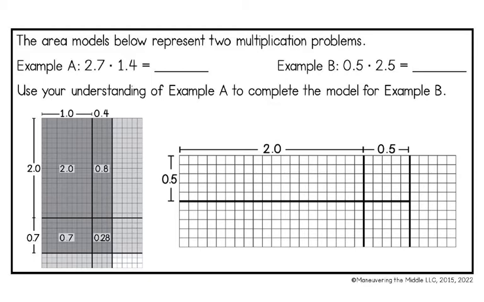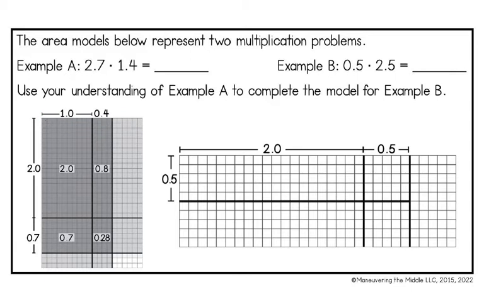So the one that has been completed for us, this one right here, is example A. It has broken the area model into 1.0 and 0.4, and then 2.0 and 0.7.